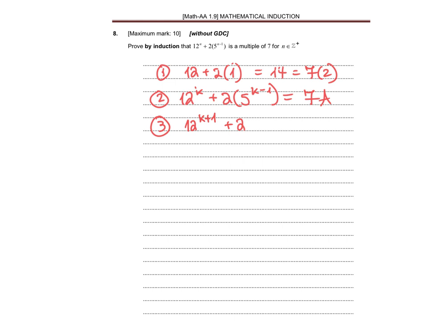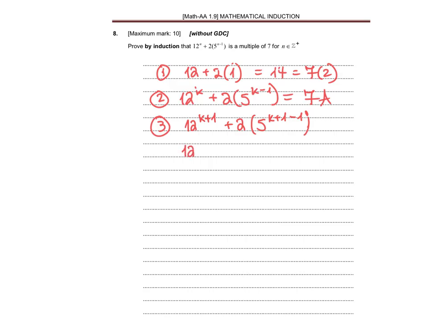So we're going to have 2, 5 to the k plus 1 minus 1. So I've tried this several other ways, like the one before and the one before that, and it's not working. So what we can do, so not equal to 7a, we need to show it's a multiple of 7.